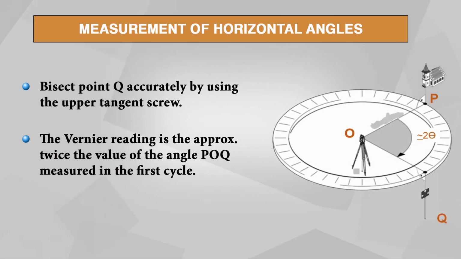Now, bisect point Q again as accurately as possible with the help of tangent screws, because once these plates are locked, it can be very gently or minutely adjusted by using these tangent screws. At this point, the reading in the vernier will read approximately twice the initial value.